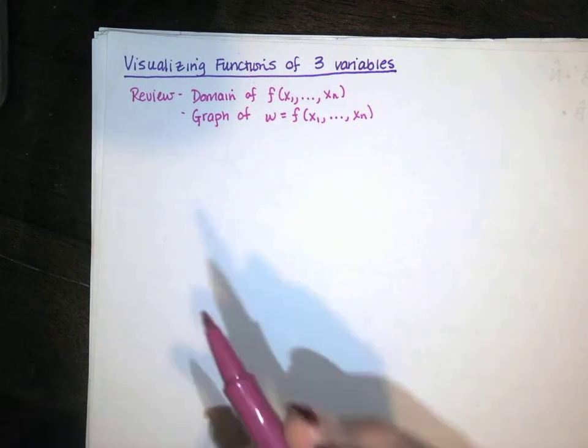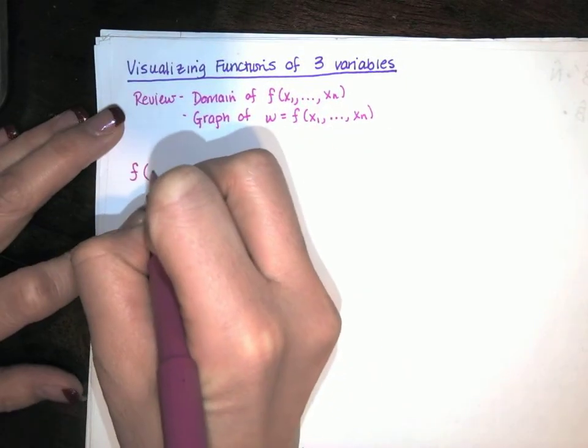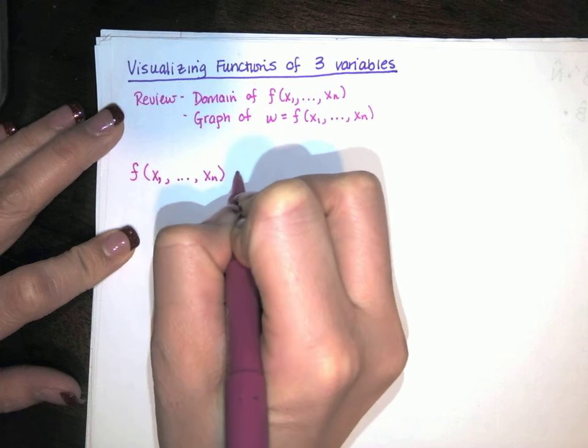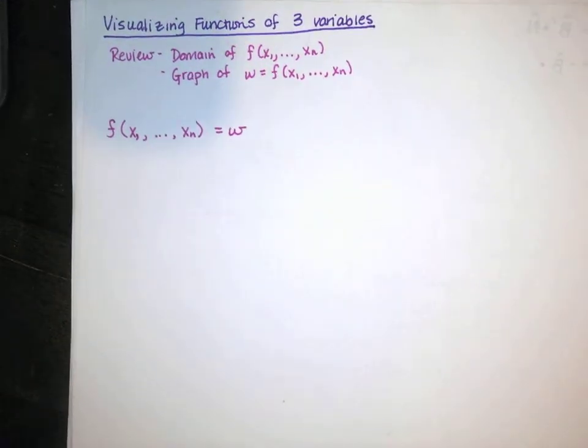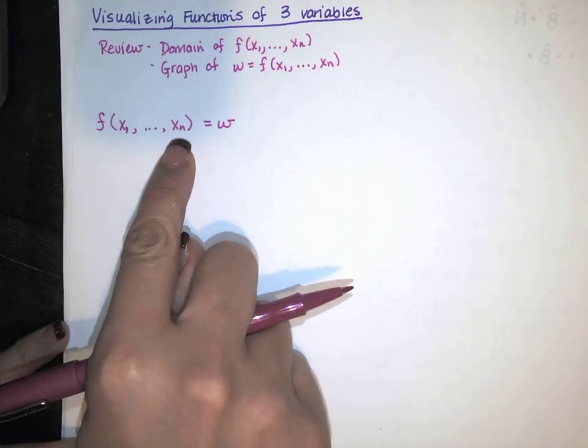So remember, let's say we've got a function of x1 through xn, and that's equal to w. Well, remember what we already talked about. The input is an ordered n-tuple.